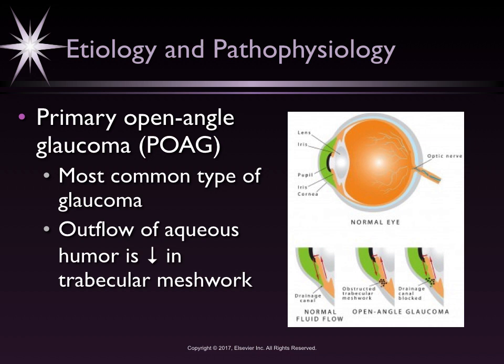Basically, what's happening is the meshwork gets clogged up, not unlike a kitchen sink or any other sink could get clogged up. And so then that results in the fluid not being able to flow and circulate in a normal manner. This can result in damage to the optic nerve as the pressure builds up in the eye.